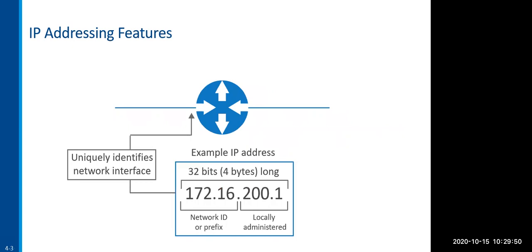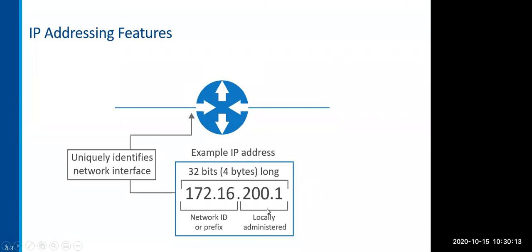IP addresses, by the way, this is talking about IPv4, of course. IP version 4 addressing features, right? It's actually written in dotted decimal like this, but it's actually a 32-bit long number, right? It's 32 bits, 32 ones and zeros. But because humans can't deal with that efficiently, we convert it to dotted decimal notation, right?